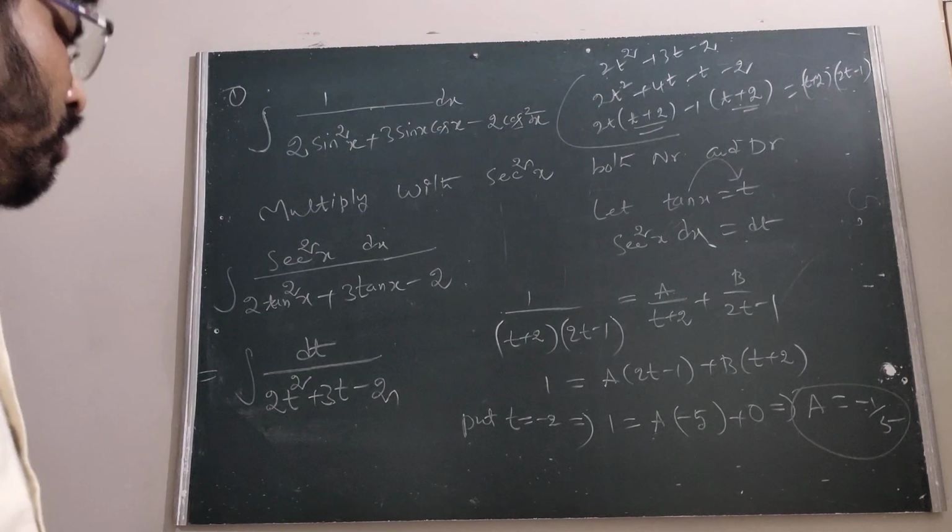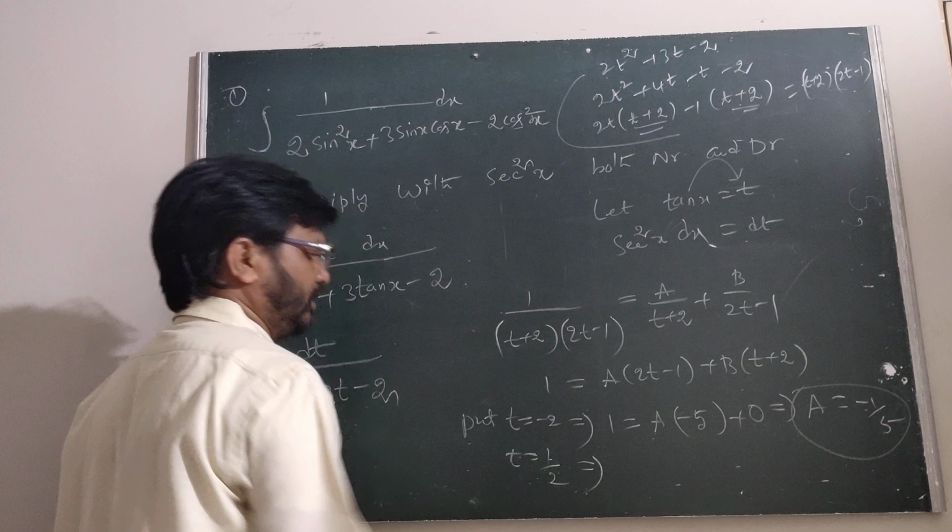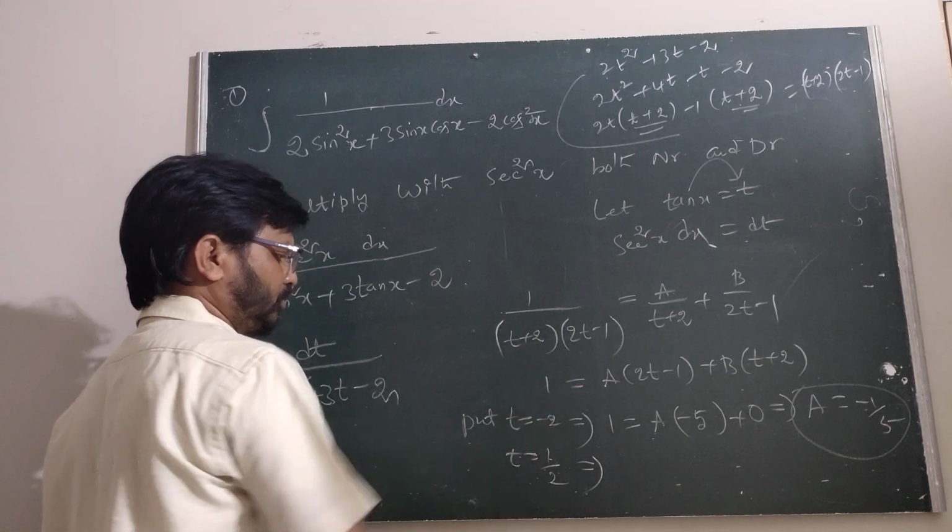Is it okay? Now we are taking the value of t equal to 1 by 2, substituting in this.